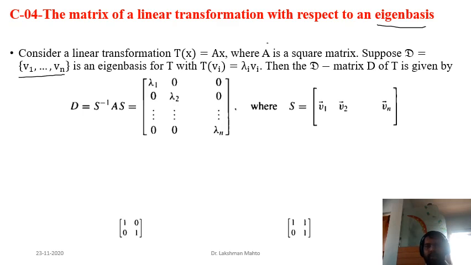Then we will see the relation T(vi) = λi vi. Why? Because vi is an eigenvector, so from the definition of eigenvector we see this relation.